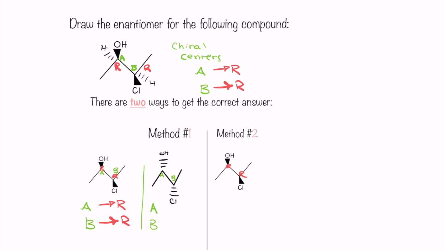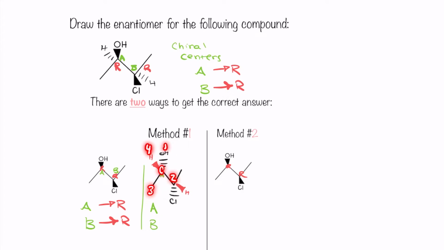And let's go ahead and make sure that these two guys are SS. We can draw in the hydrogen groups in order to calculate chirality. So let's go ahead and do it for chiral center number 1. We know that this oxygen group is going to get priority number 1, this carbon's going to get priority number 2, this methyl group's going to get priority number 3, and this hydrogen is going to get priority number 4.